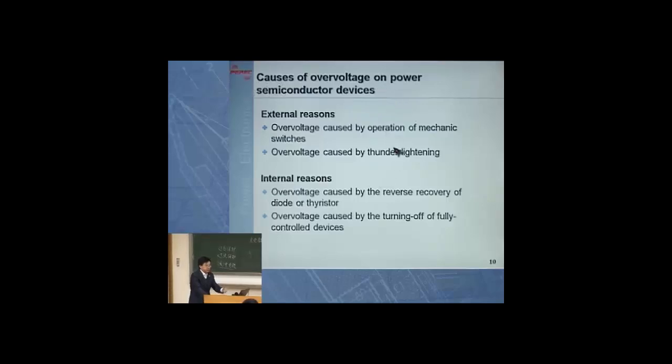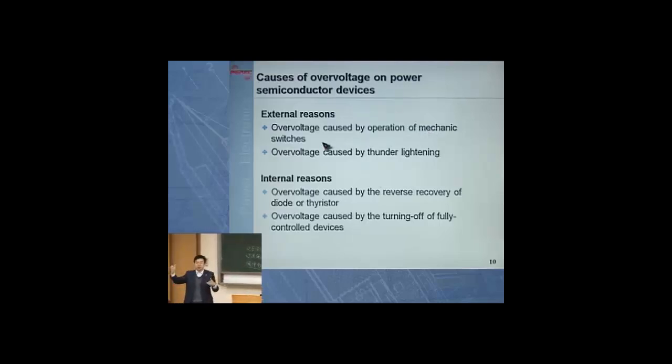Over voltage, many reasons could cause over voltage. I will not go through the details. There are external reasons, I mean outside of power converters, and there are also internal reasons inside power converters. The over voltage could be caused by the operation of a mechanical switch in the power system.